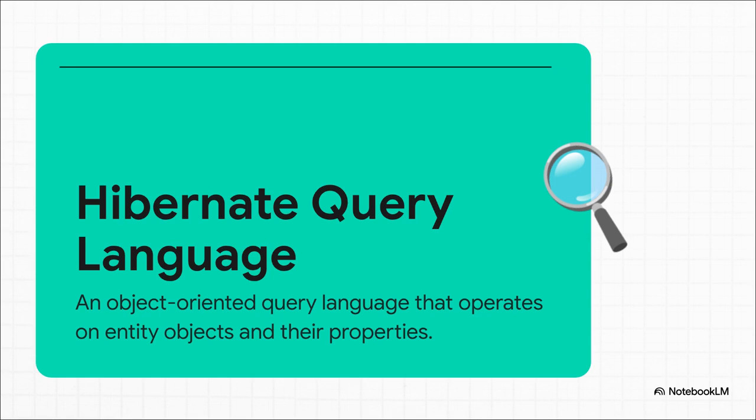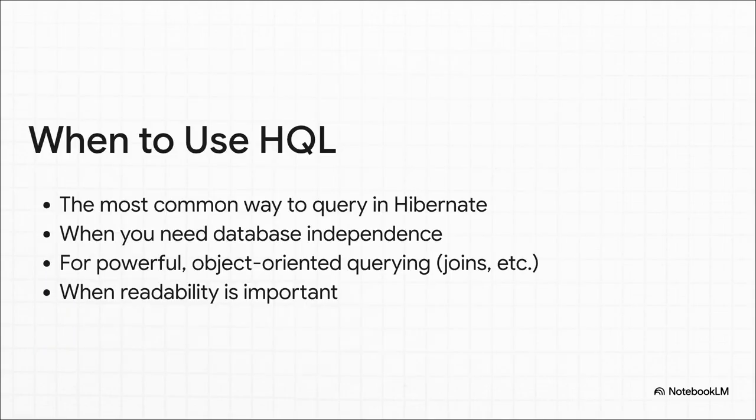It looks a whole lot like SQL for sure, but underneath, it's fundamentally object-oriented. The biggest advantage of HQL, its killer feature, is database independence. You write your HQL query once, and then Hibernate does the hard work of translating it into the correct SQL dialect for whatever database you happen to be running on. This portability is exactly why HQL is, by far, the most common way to query in Hibernate.